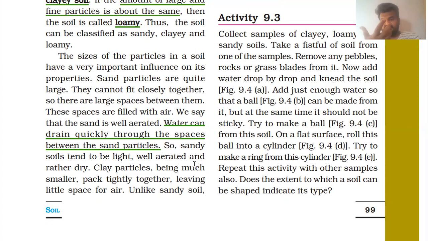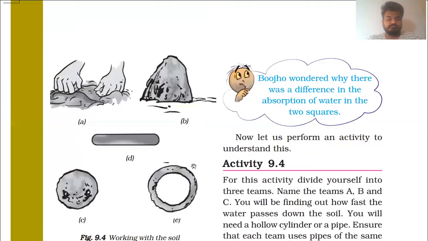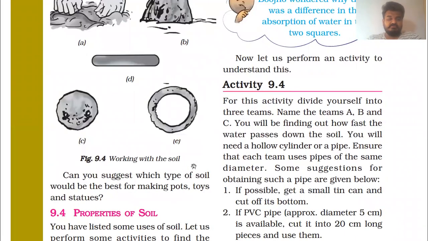Repeat this activity with the other samples also. Does the extent to which a soil can be shaped indicate its type? Can you suggest which type of soil would be the best for making pots, toys, and statues? Tell me, are fine particles preferable or large particles preferable for making pots, toys, and statues?